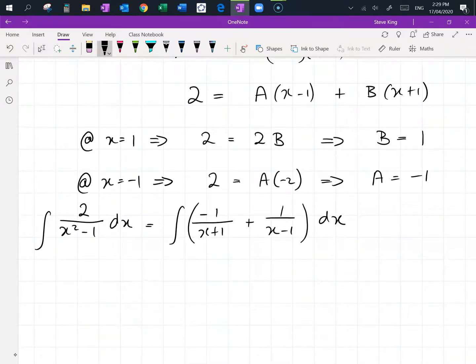Having done that, I can split these two up. I can say this is the integral of minus 1 over x plus 1 dx plus the integral of 1 over x minus 1 dx.